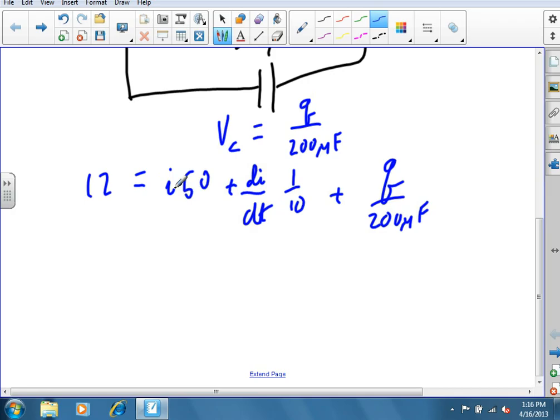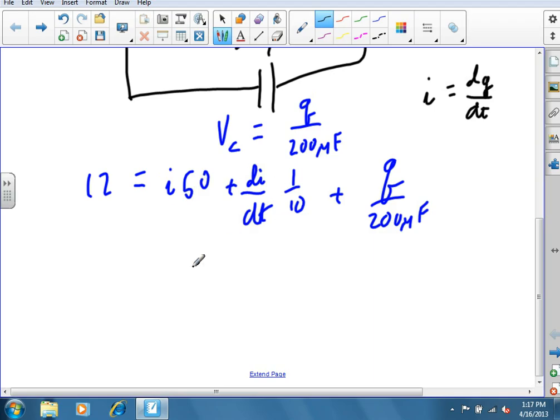So we have one variable I and a second variable Q, and we know from past experience that I is dq/dt. So current is change in charge over change in time.